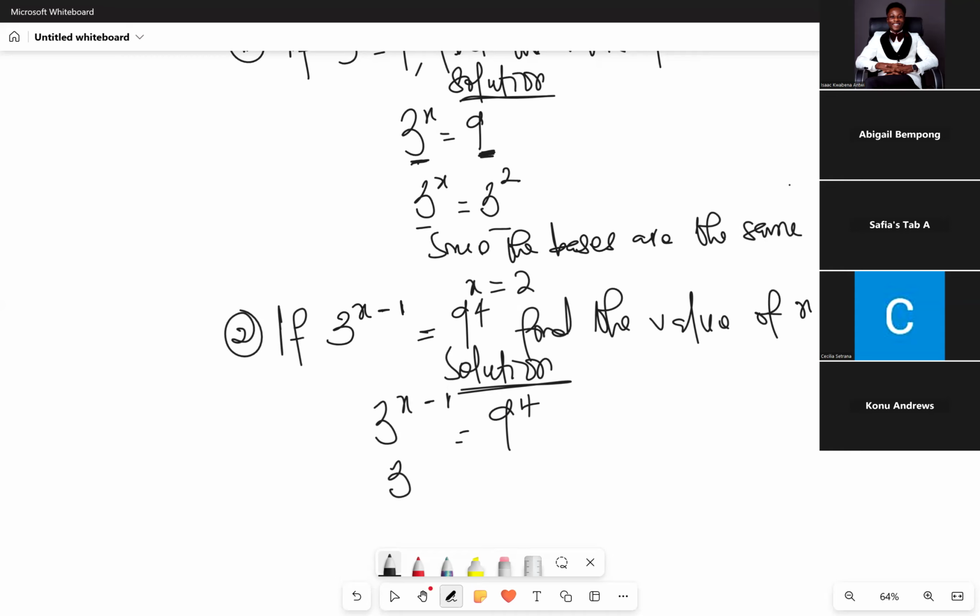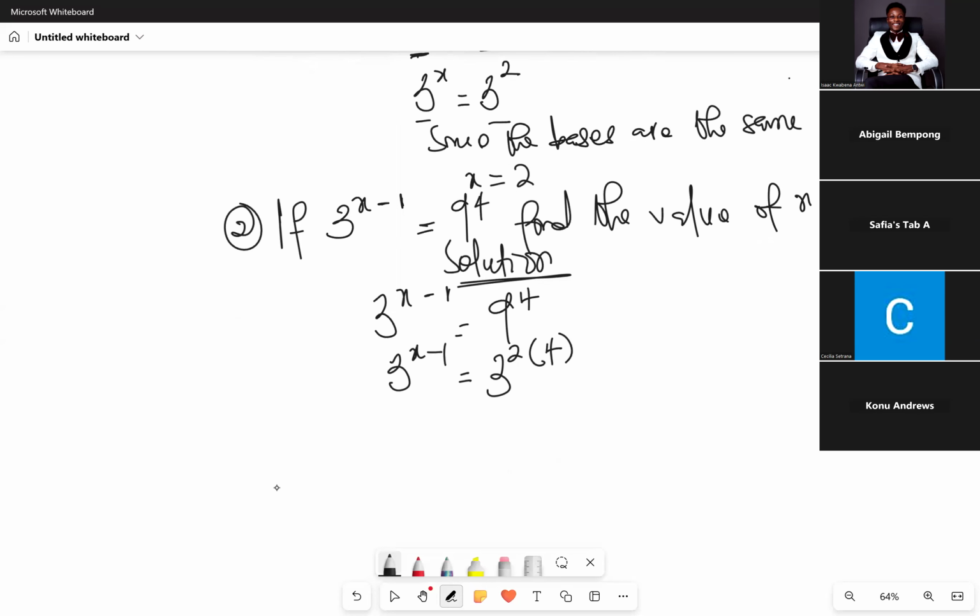So 3 exponent x minus 1 is equal to 3 exponent 2, and into brackets 4. Yes, 3 exponent 2 to represent 9. The 4 was already there, so you put it in brackets.